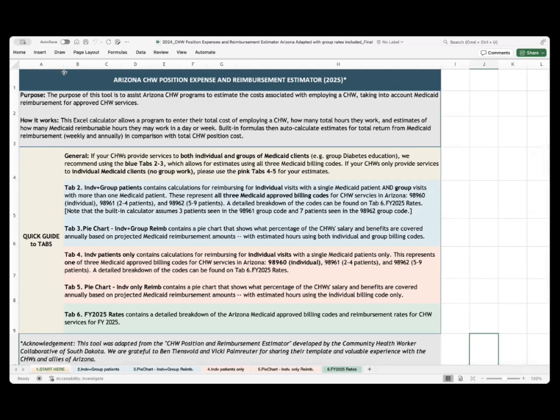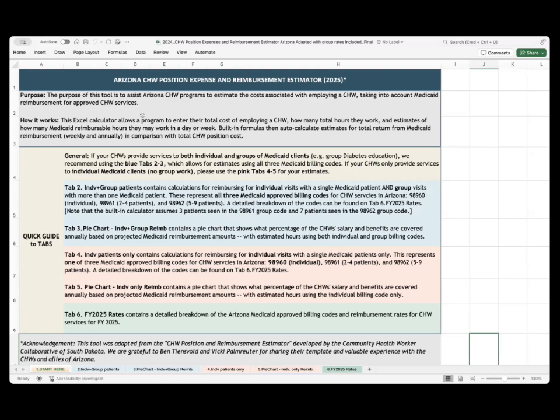Before you get into it, we want to always start here to make sure you're in the right tab, so we understand the purpose of it and how it works. The way it works is it uses Excel. It's for a CHW program to enter the total cost of employing a CHW, and how many hours they work, and estimates of how many Medicaid reimbursable hours they might work in a day or a week.